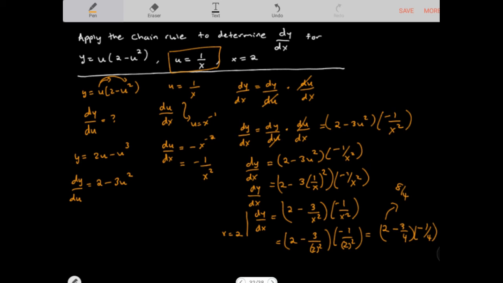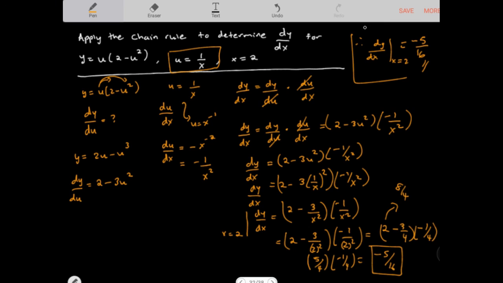So 8 over 4 minus 3 over 4 here is 5 over 4 times negative 1 over 4, and that's going to give you negative 5 over 16. Okay, so therefore dy over dx when x is equal to 2 is equal to negative 5 over 16. Right, that's the rate of change when x is equal to 2. Okay, so that's an application of the chain rule.